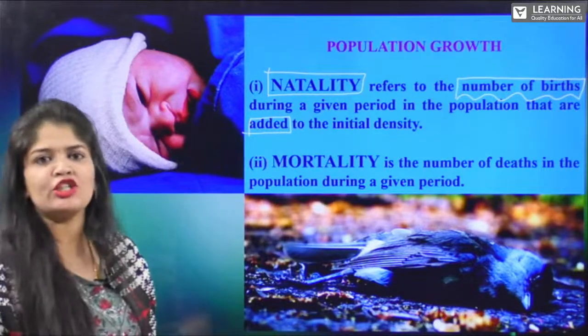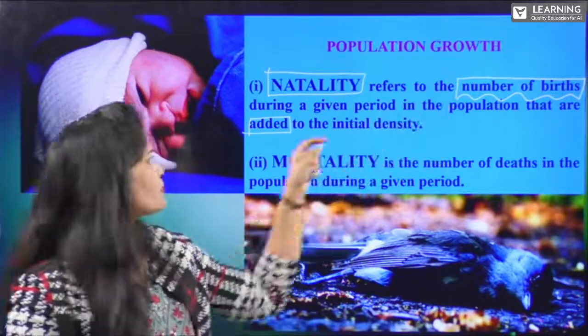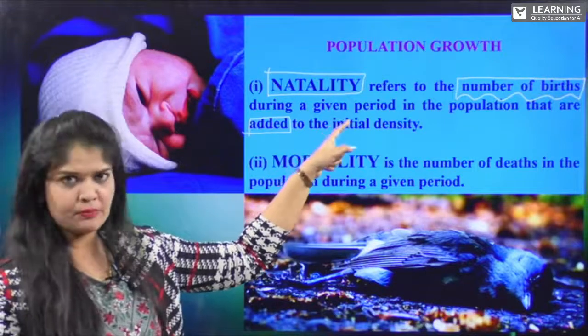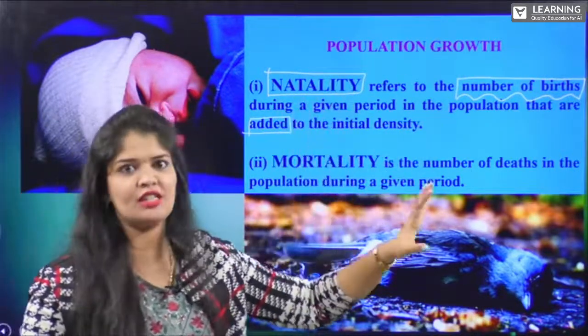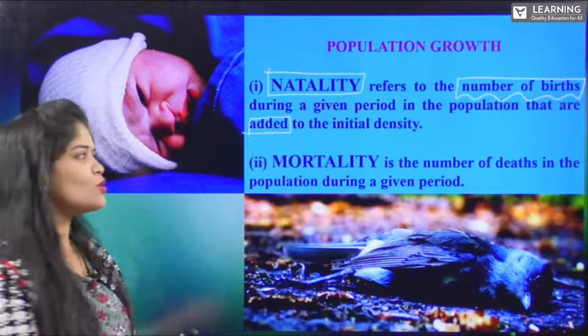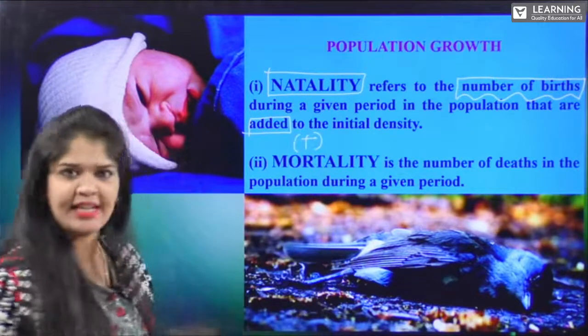Initial density means initial population density. So as it is adding, we give a plus sign for natality.